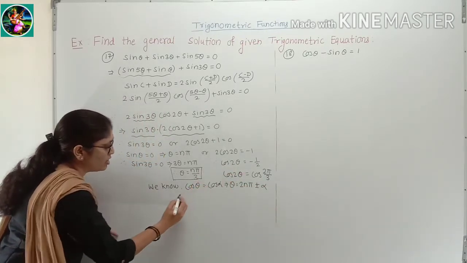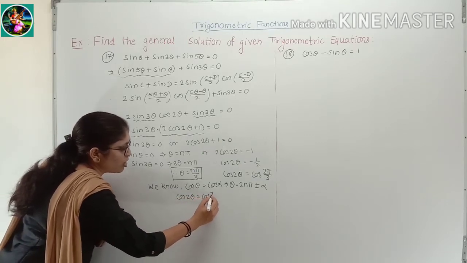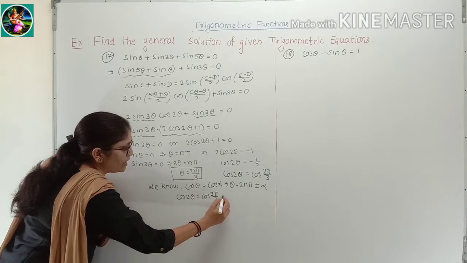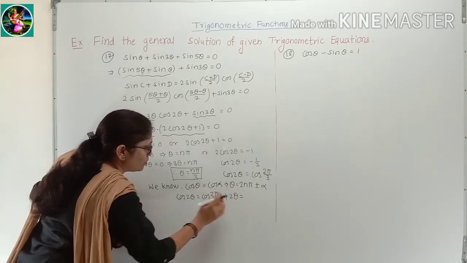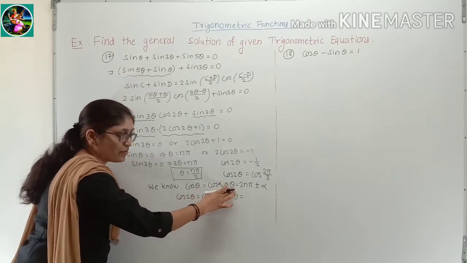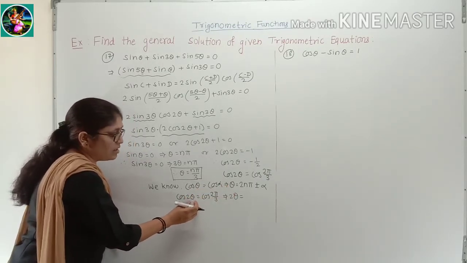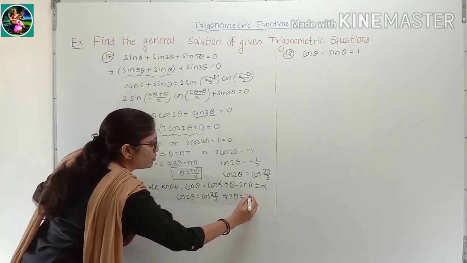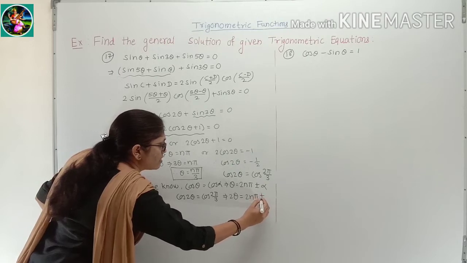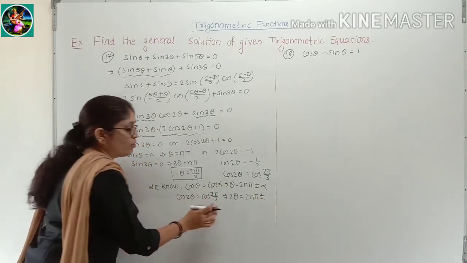Therefore, cos of 2 theta is equal to cos of 2 pi by 3 will give the solution: here there is 2 theta, therefore we take 2 theta is equal to 2n pi plus or minus, instead of alpha we have 2 pi by 3.